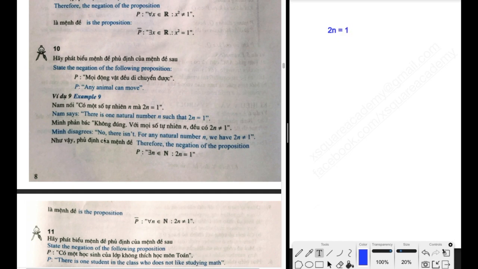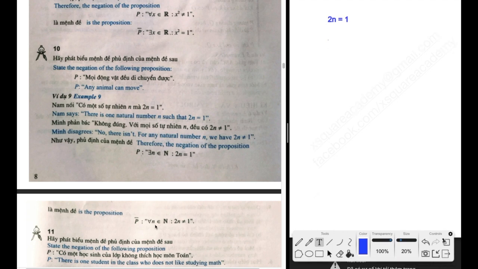Okay, and here is the negation of the proposition: for any n that is an element of natural numbers, 2 times n is not equal to 1.